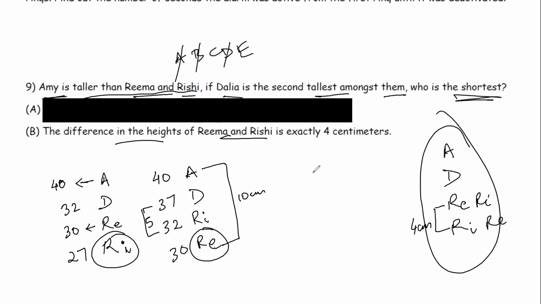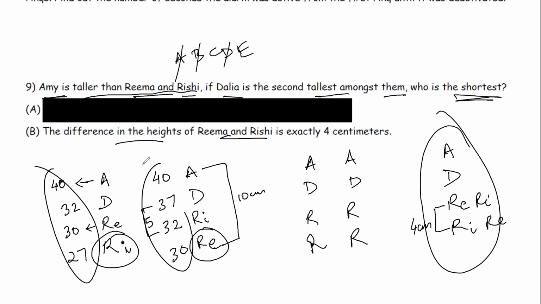When we take both statements together, we know this is the order, and we know that we need to have a gap of 4 centimeters between Rima and Rishi. So now we'll just tweak these numbers a bit. We have 40, correct? I'll take Rima to be 30.